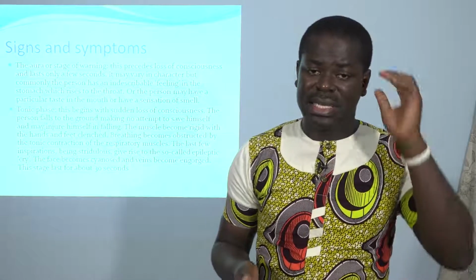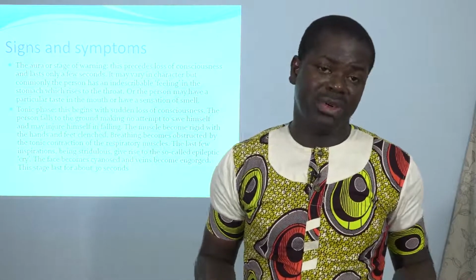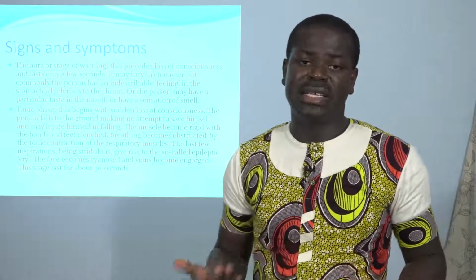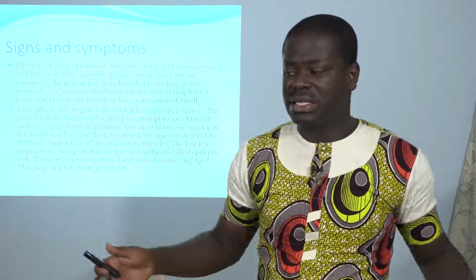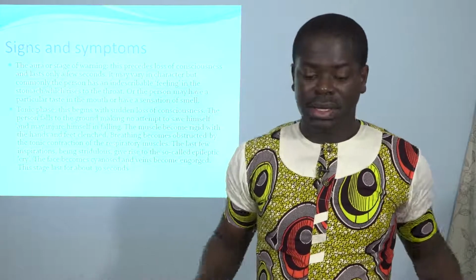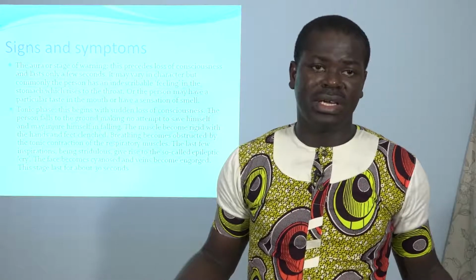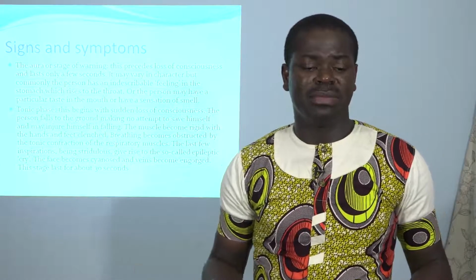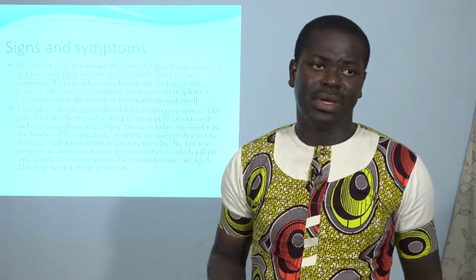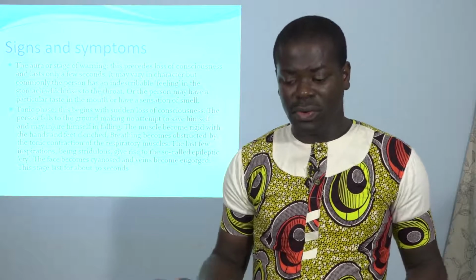When the tonic stage is happening, what you have to do as a first aider is remove dangerous items from the vicinity of the individual, so that the person may not hurt himself whilst falling down.